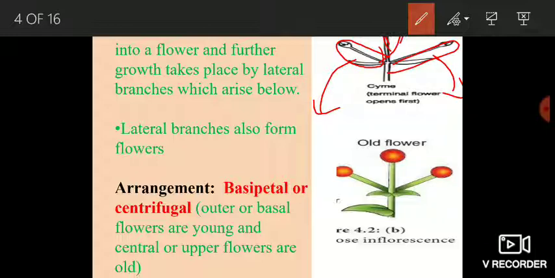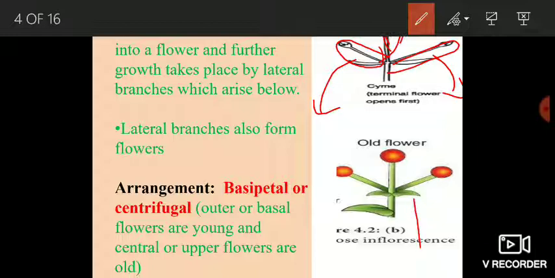Now the arrangement of flowers in cymose inflorescence. The arrangement of flowers in cymose inflorescence is basipetal or centrifugal, which means the outer or the basal flowers are young and the central or upper flowers are old.